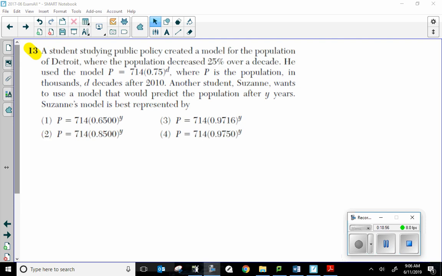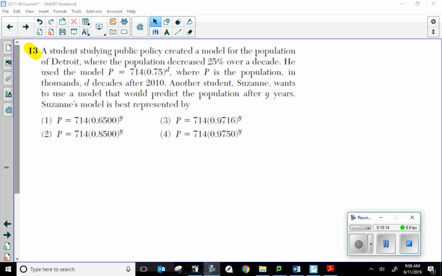Okay. 13 says, a student studying public policy created a model for population of Detroit, where population decreased by 25% over a decade. That's nice, but we're not going to have to set up the equation with that because they give us the equation in the next sentence.